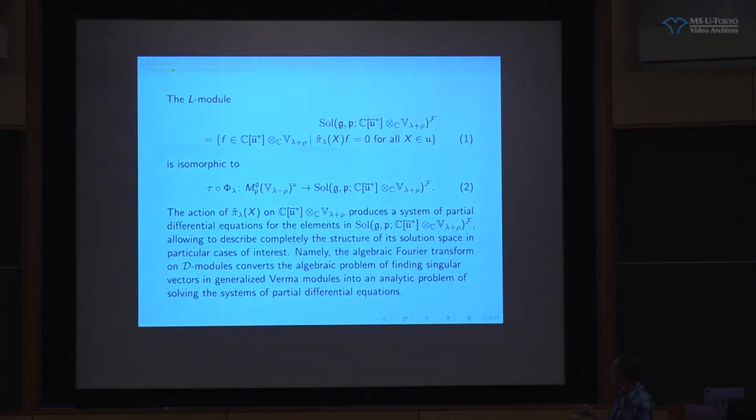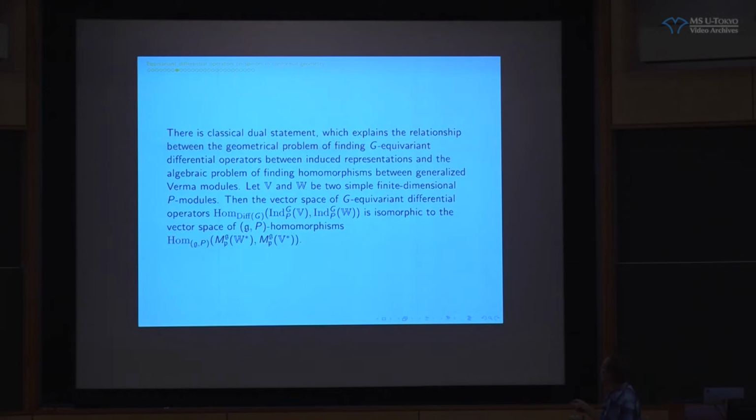We will be able to completely classify all solutions in such cases and construct explicitly all solutions as elements in this vector space, and then translate them to elements of the corresponding generalized Verma module. In other words, we turned the problem of finding singular vectors in the generalized Verma modules into the analytic problem of solving the system of partial differential equations.